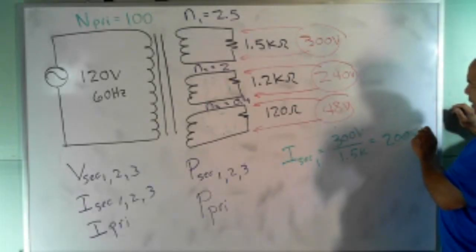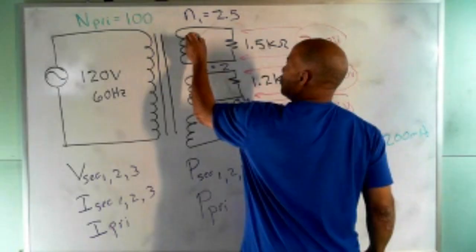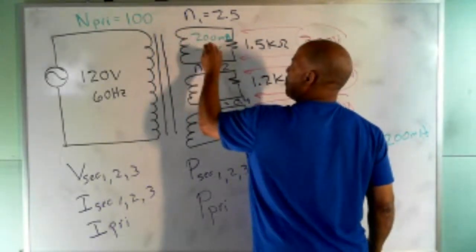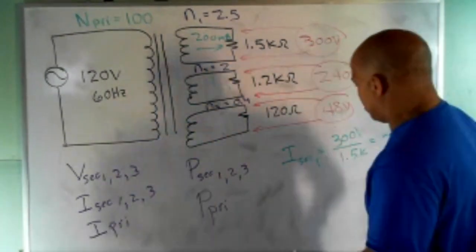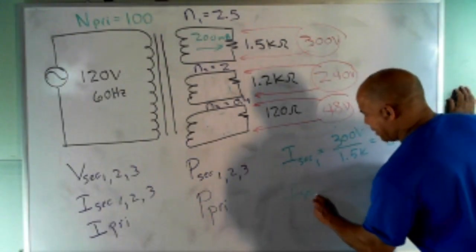200. 200 milliamps. So I guess I can use green. We got 200 milliamps flowing here. And then we'll do the next one. I sec 2.